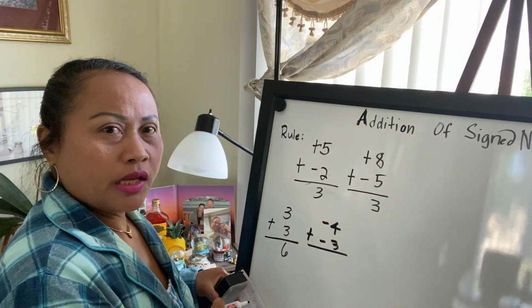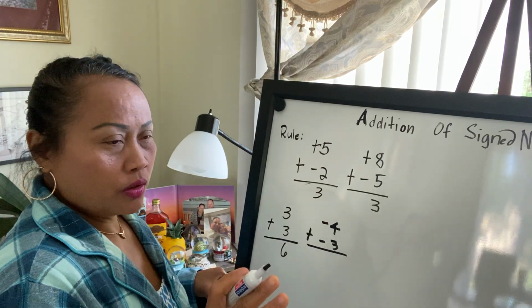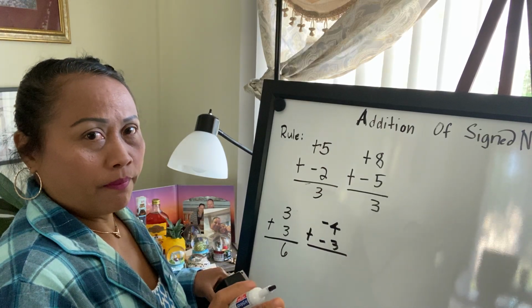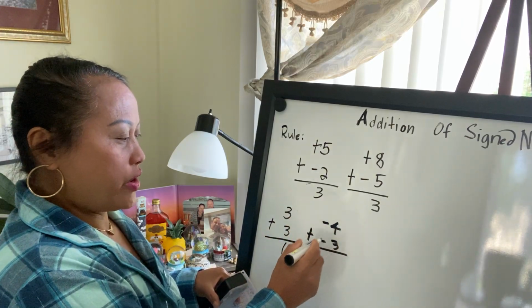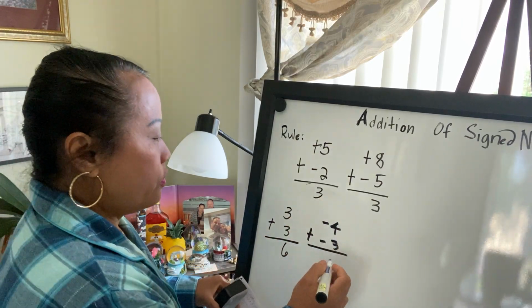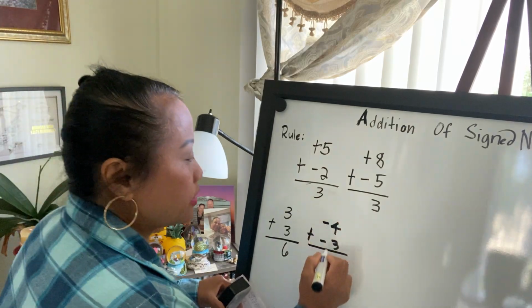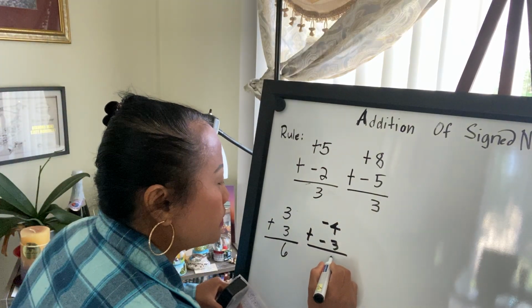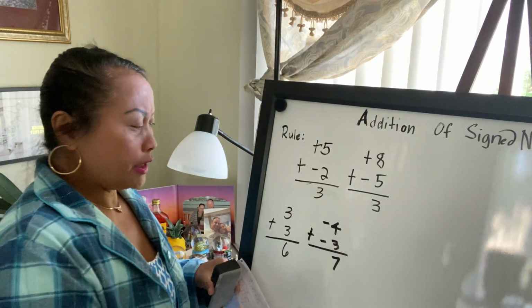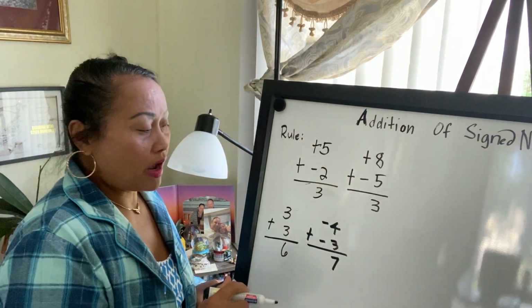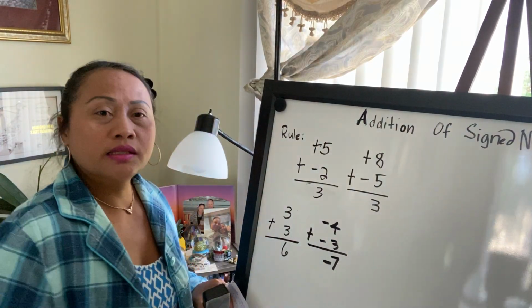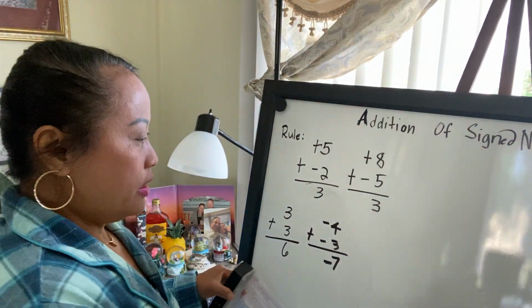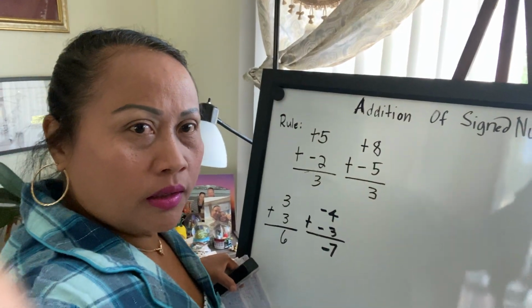If they have the same sign, we have to find the sum or the total of both numbers, because they are negative 4 and negative 3. Okay, the answer is 4 plus 3 equals 7. And then, bring down the common sign, which is both negative. So, the answer is negative 7. Okay? Another example.